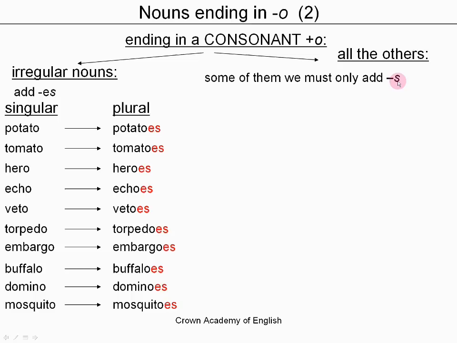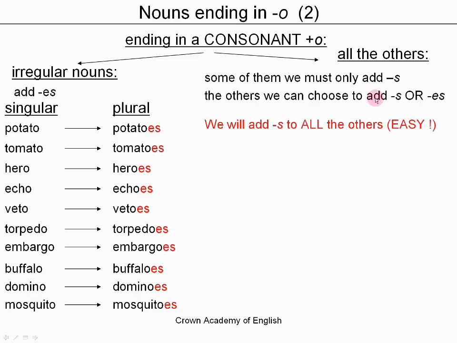We just add a letter S. And some of the others, we can choose to either add a letter S or ES. Okay, so both would be correct. Either would be correct. So since both would be correct, then to make it easy for us, we are just going to add an S for all the others, because that makes it more easy.